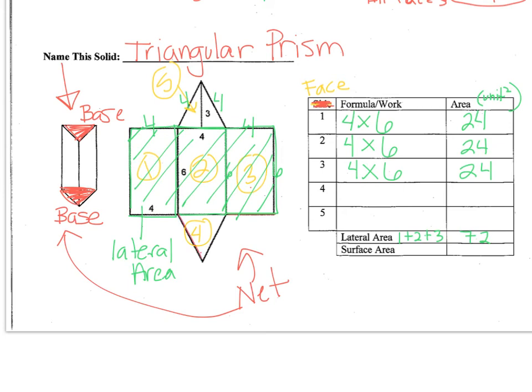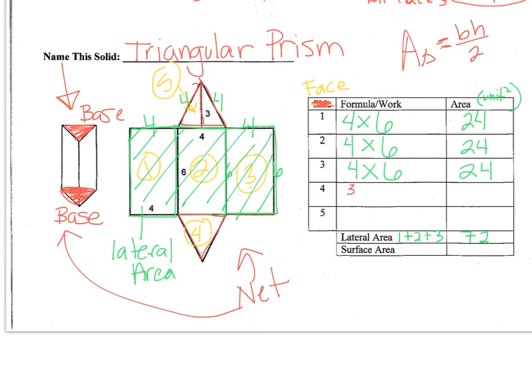Now let's look at our base and our other base. Those are both triangles, so we have to use a little bit different formula. Remember, area of a triangle is base times height divided by 2. We have to divide by 2 because a triangle is only half of a rectangle. Our height is 3 and our base is 4.